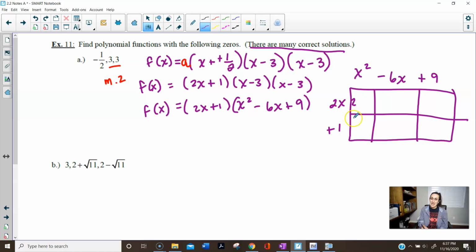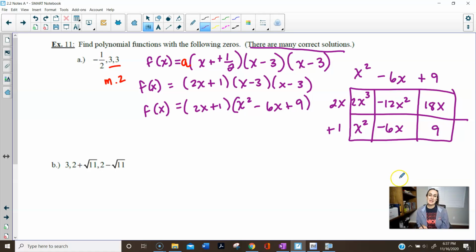It's like finding the area of a rectangle, length times width. So that's 2x cubed. 2x times negative 6x is negative 12x squared. 2x times 9 is 18x. Then we start again. The length of this is x squared, and this is 1. So 1 times x squared is x squared. 1 times negative 6x is negative 6x, and 1 times 9 is 9.